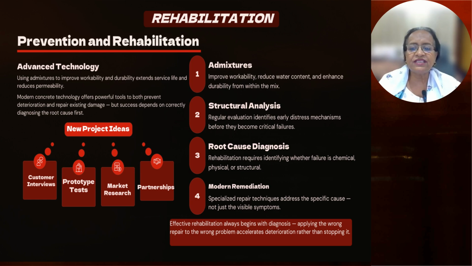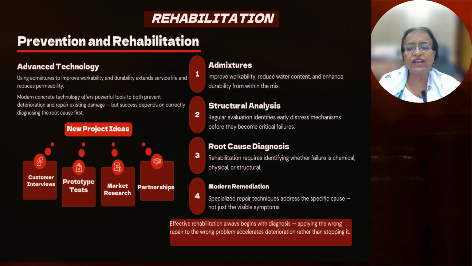Visual assessments identify surface distress. Non destructive testing, commonly known as NDT, helps evaluate internal concrete quality without damaging the structure. Methods like rebound hammer estimate surface hardness. Ultrasonic pulse velocity identifies internal voids and cracks.